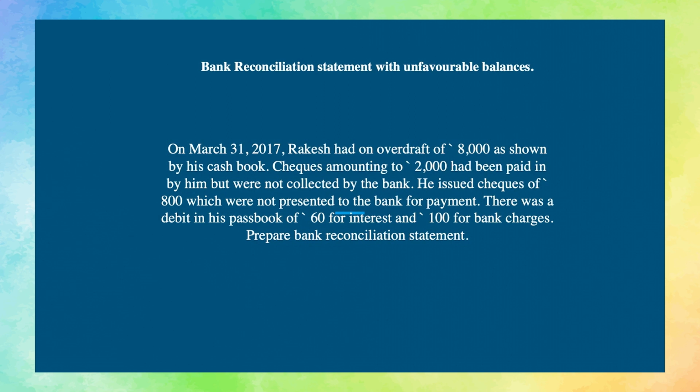He issued check of 800 which were not presented to the bank for payment. There was a debit in his passbook of 60 for interest and 100 for bank charges.